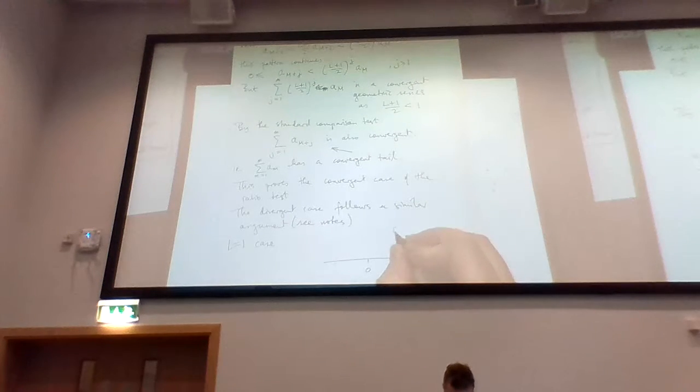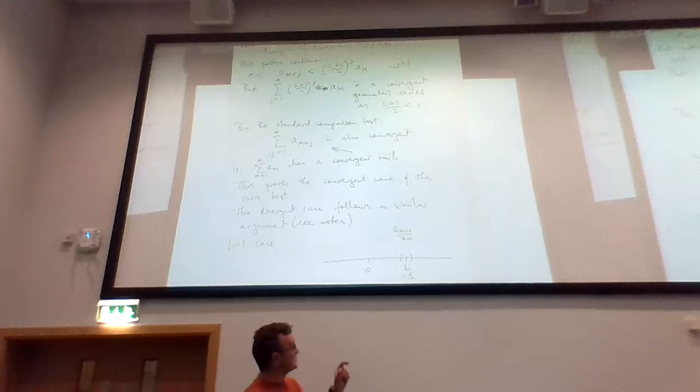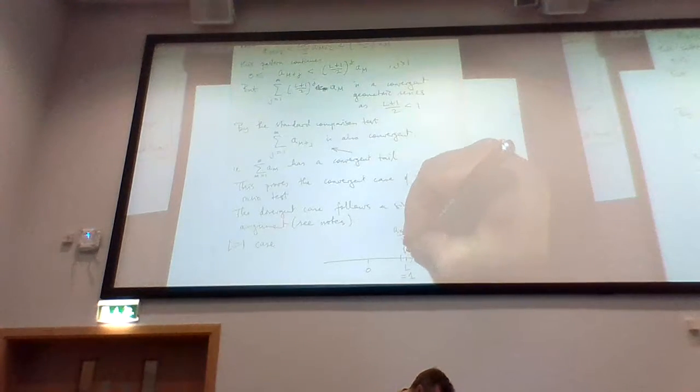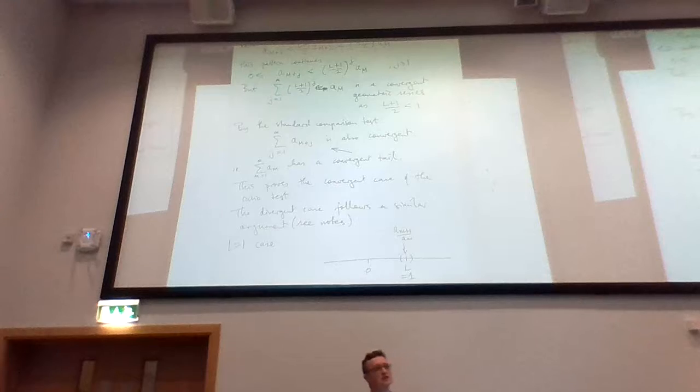If I know my ratios a_(n+1) over a_n are converging to L, I can put as small an interval around L as I want. All I know from the convergence is that the ratios are somewhere in here. So I don't know whether they're bigger than 1 or less than 1. They might be either. They might be hopping around, changing from being bigger than 1 to less than 1.